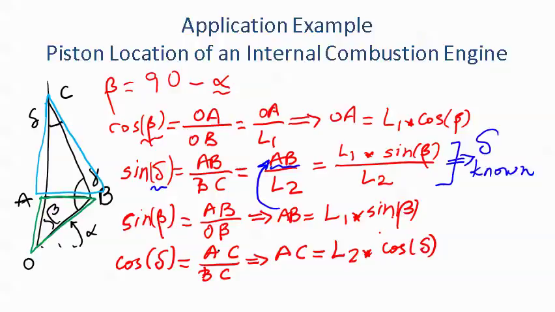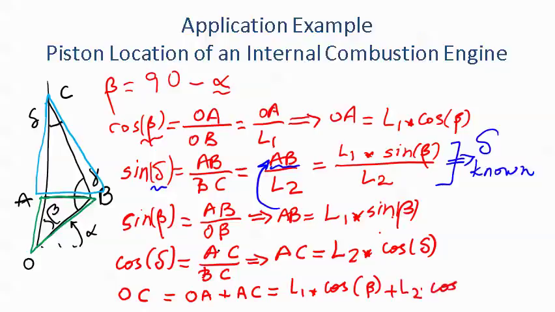And finally, the distance OC, which is equal to OA plus AC, can be written as L1 times cosine of β plus L2 times cosine of delta.